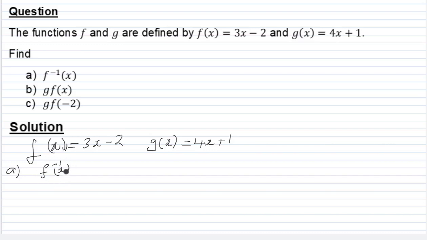To get this, first of all, this function f of x equals 3x minus 2, where we have f of x, we are going to replace it with y. This is just for easy manipulation of the function.